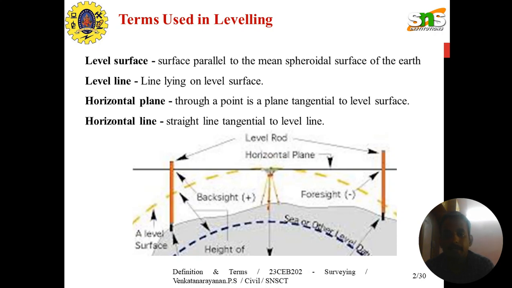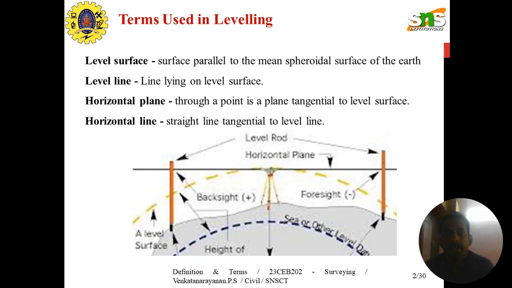Next is horizontal plane. Horizontal plane is the line of collimation or line of axis of the telescope with which the various points are viewed with the help of instruments such as dumpy level or theodolite. It is a point tangential to the level surface.